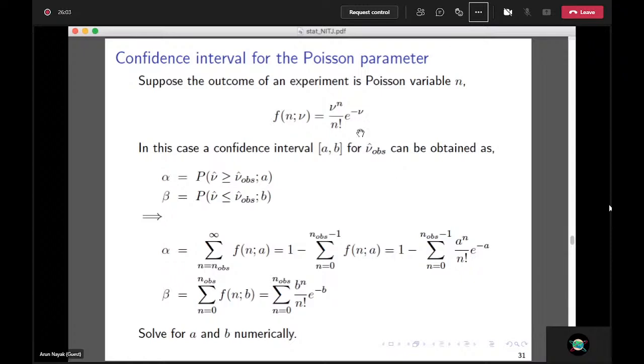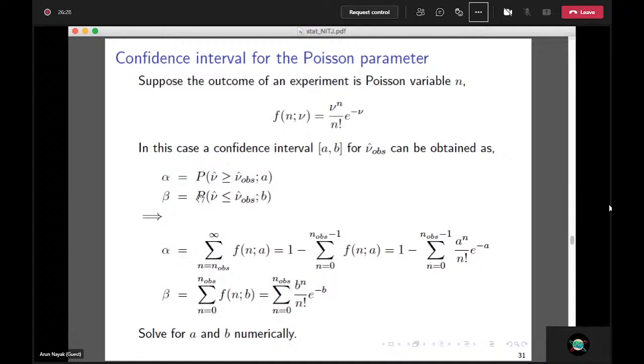So that we can obtain by again using the same kind of relations. So alpha is the probability for observing nu greater than nu observed, given A is the mean number, and beta is the probability for observing nu less than nu observed, given B is the mean number, right?